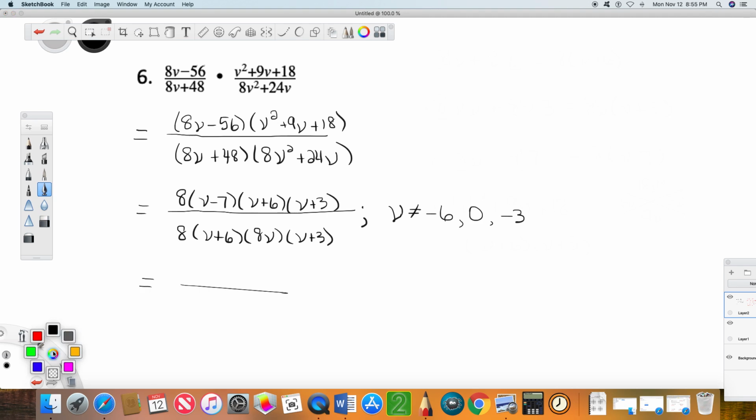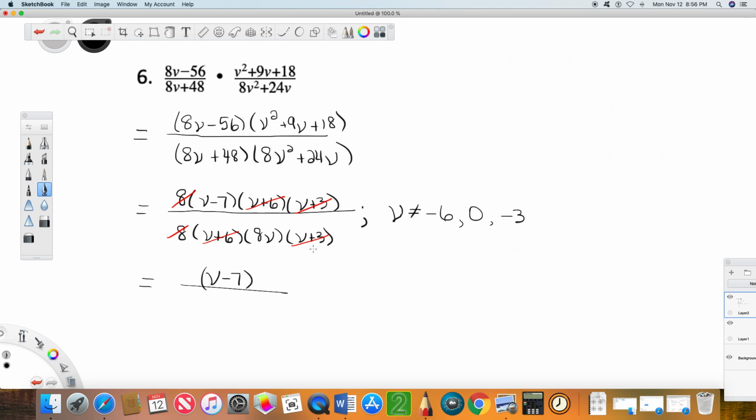The 8 divided by 8, those are common factors. The v plus 6 divided by v plus 6 divides to 1, and v plus 3 divided by v plus 3. So I think we've got it. In the numerator, all we have left is this binomial, v minus 7.